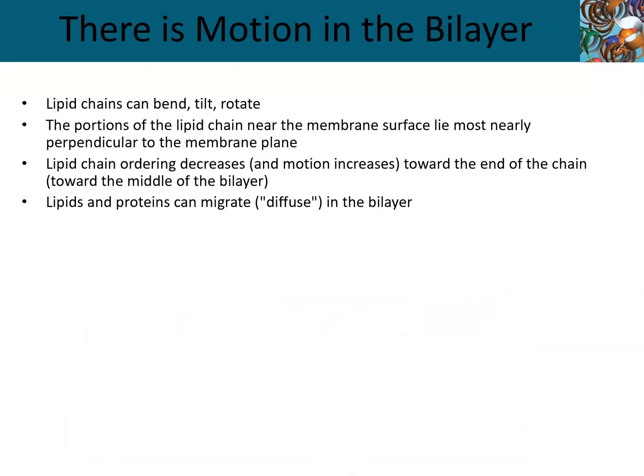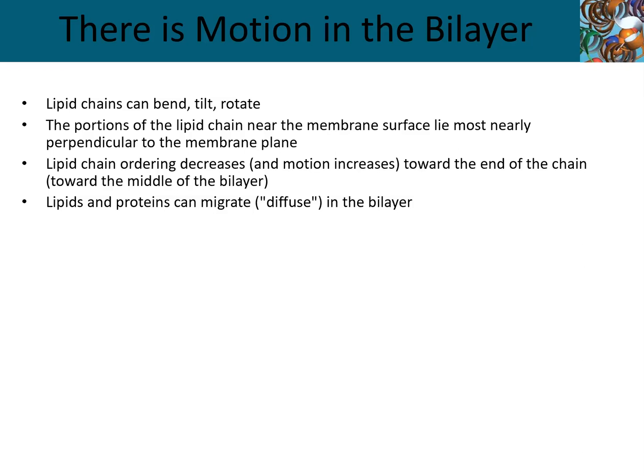So I've said this, I get ahead of myself sometimes in lectures, but there's a lot of motion in the bilayer. Lipid tails can bend and tilt and rotate and slide around each other. They're very dynamic, particularly under biological temperatures. And they lie typically perpendicular to the surface, but they don't exist rigidly perpendicular to the surface.